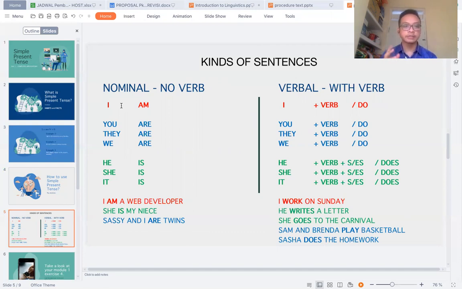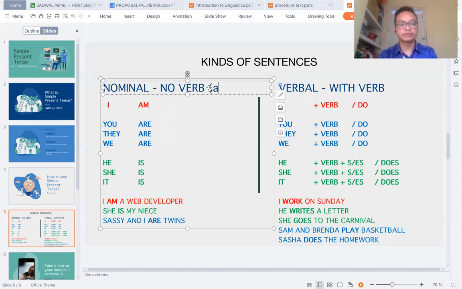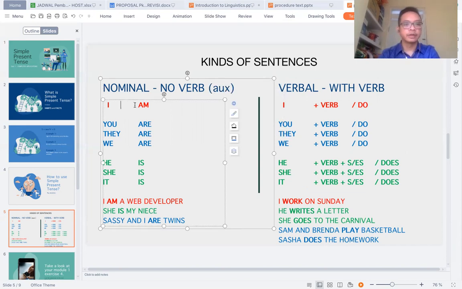Nah, in this case, you should use the following auxiliaries. This one is called auxiliaries. We use auxiliaries, ya. I, the connection would be am. Auxiliary-nya itu adalah am. Sedangkan you itu harus menggunakan are. Oke? They are, we are, he is, she is, it is. Kenapa kok seperti ini?